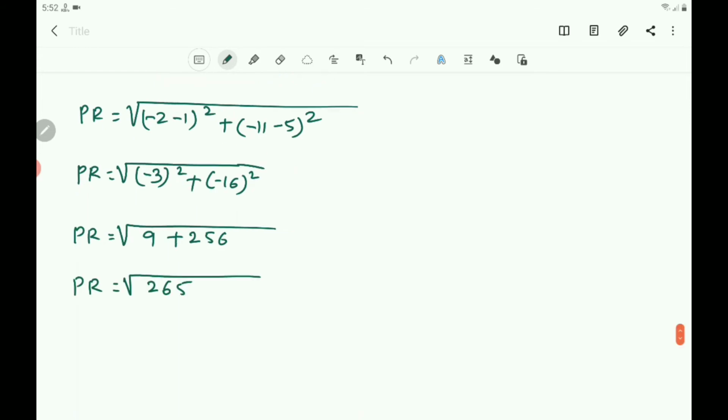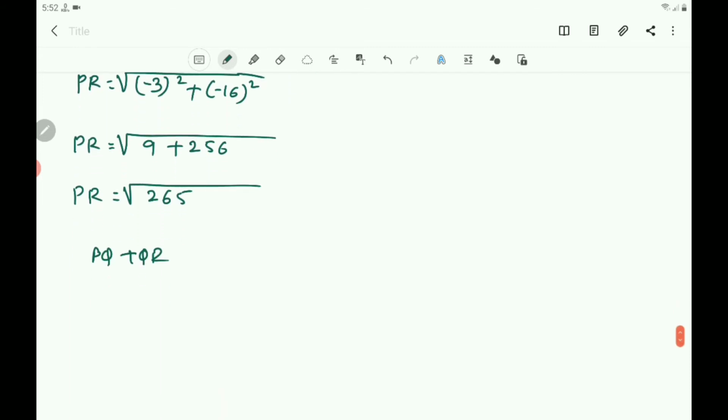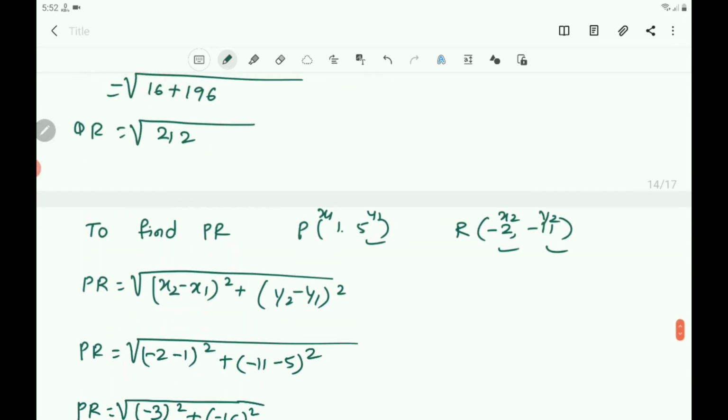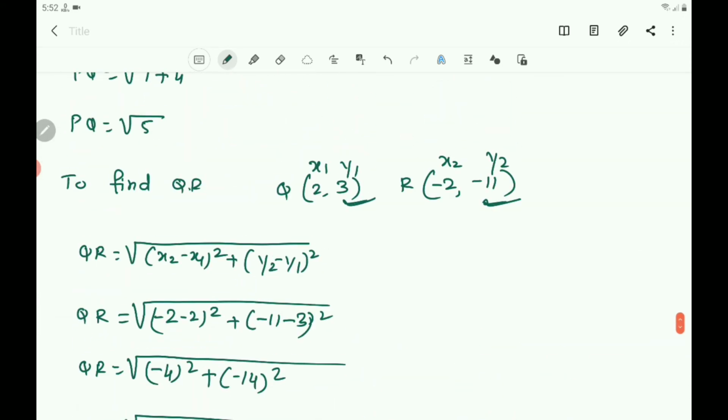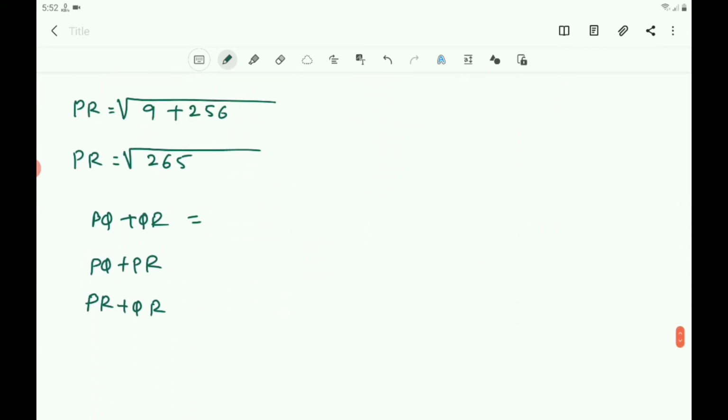So PR equals, here you find PQ plus QR and also PQ plus PR and also PR plus QR. What is PQ? PQ is root 5, QR is root 212.